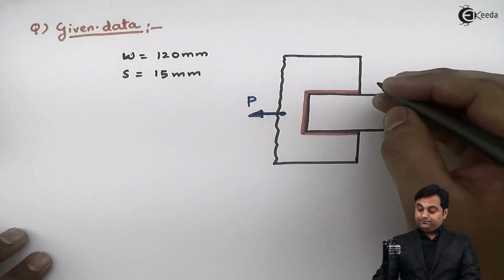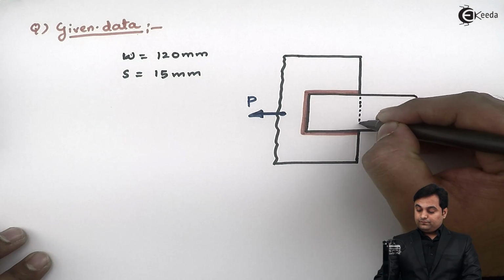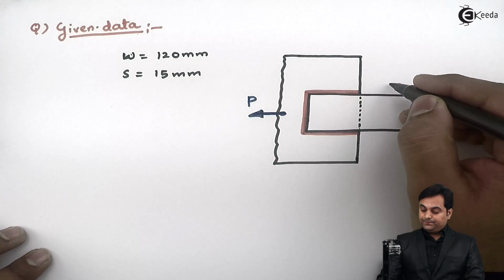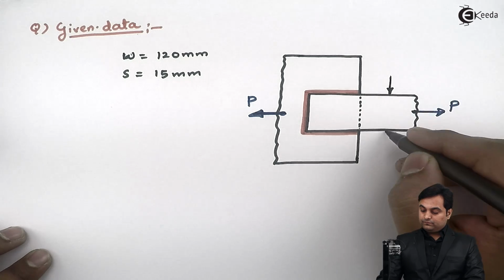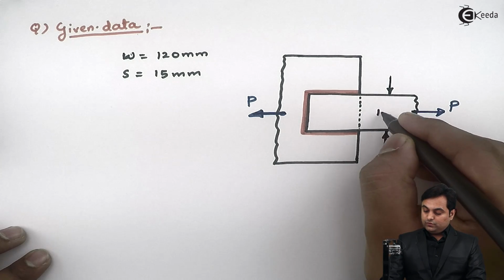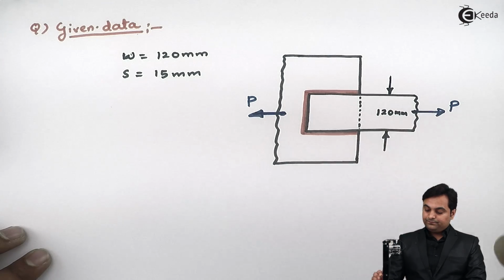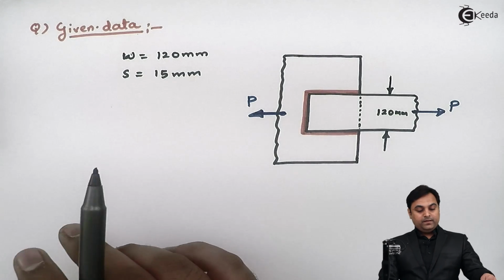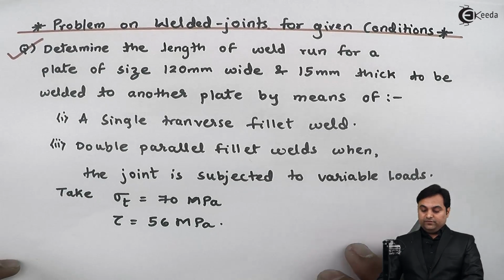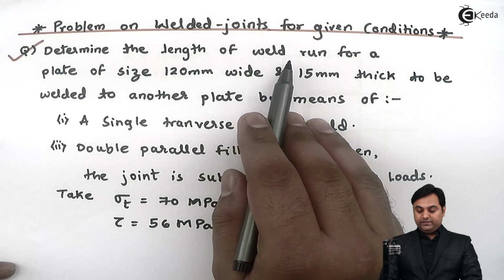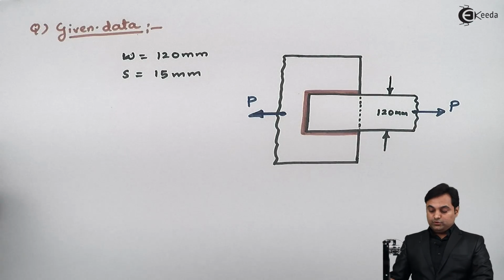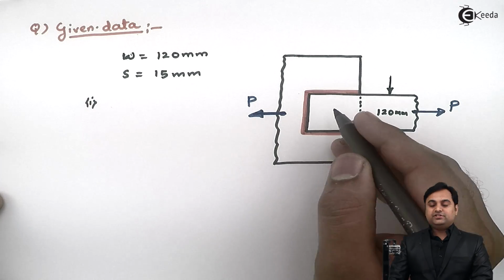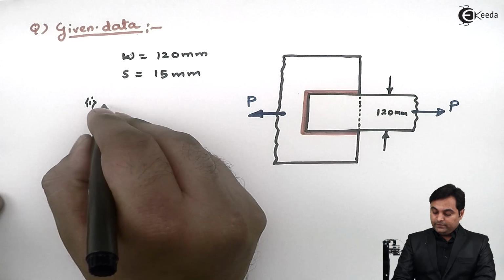Now in the question width is given, so the width of this plate here, this is 120 mm, and the thickness of the plate is given as 15 mm. Here we have to determine the length of weld, that is the question. So the length of weld means we have to find out how much is the length of transverse fillet weld.